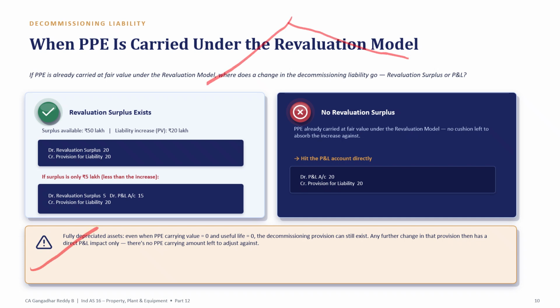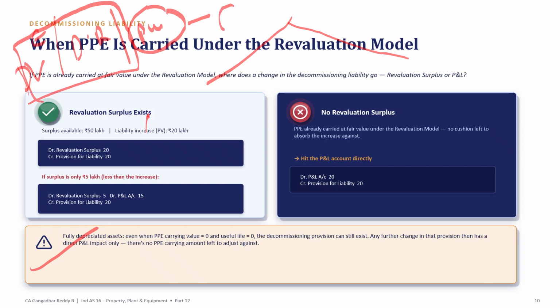While accounting for the decommissioning liability, first we need to check whether the change is due to a change in the estimates, due to the discount rate, or due to the passage of time. If it is the passage of time, it is just a finance cost.